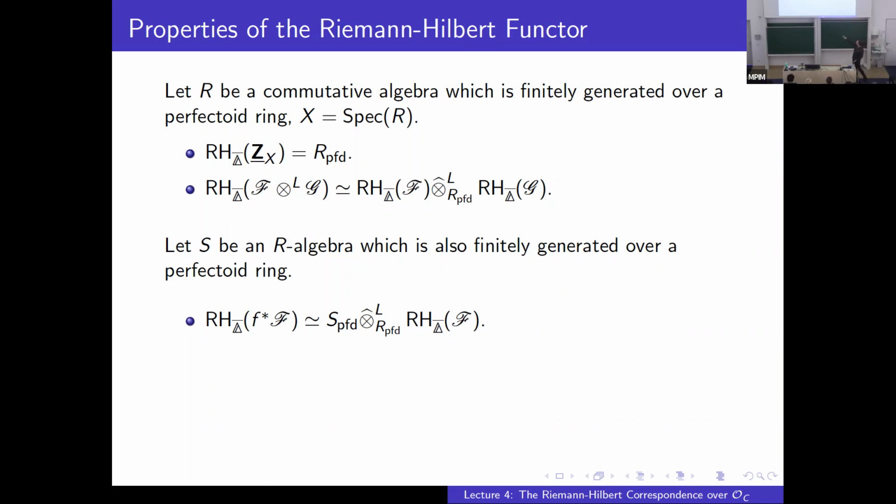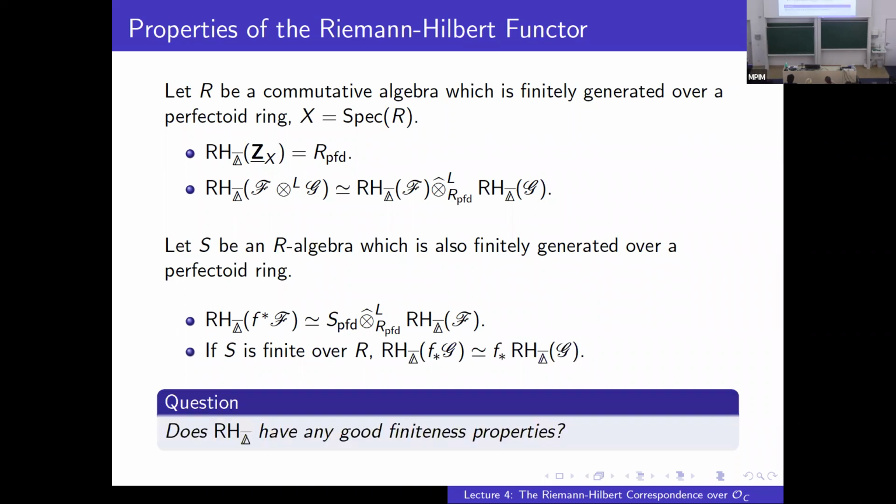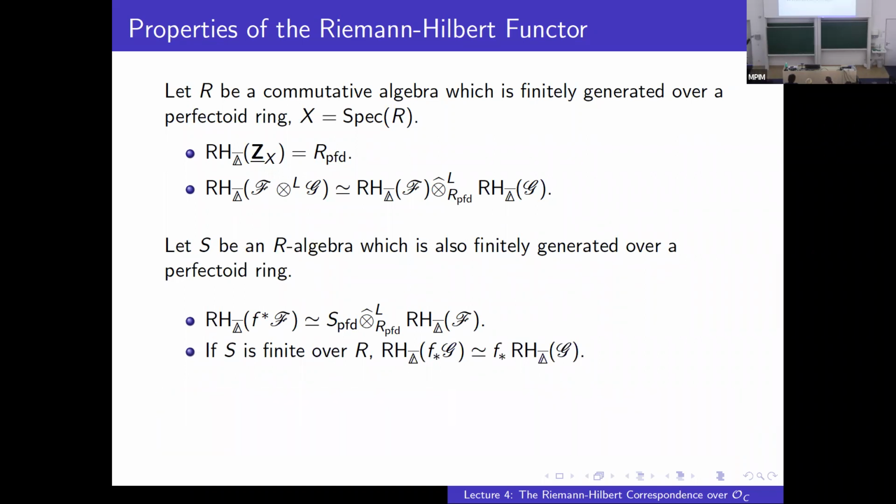And again, the only caveat is that it involves these perfectoidizations. And it's also compatible with direct images along finite morphisms, for example, closed immersions. So these are all relatively formal properties that this Riemann-Hilbert functor has. But I would like to spend the rest of the lecture talking about non-formal properties.